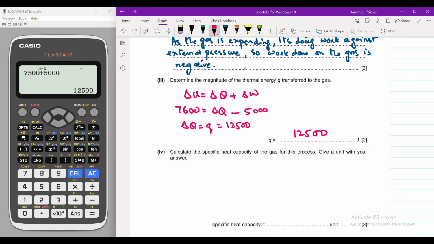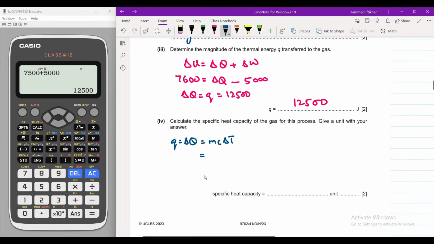Calculate the specific heat capacity of the gas for this process. So we know that Q is equal to mc delta T, or mc delta theta, whatever you want to call it. This Q is equal to the heat provided. Oh sorry, we need to find the specific heat capacity. So first let's make c the subject.